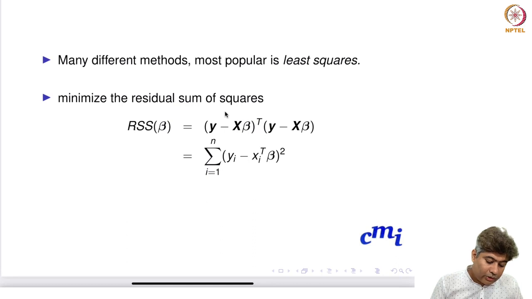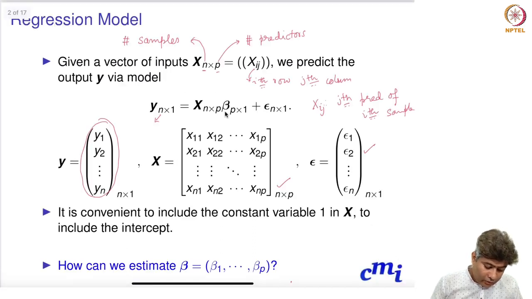Many different models you can fit, but before that, it is convenient to include a constant variable in X. Suppose these are the predictors; what you can do is make the first predictor all ones.